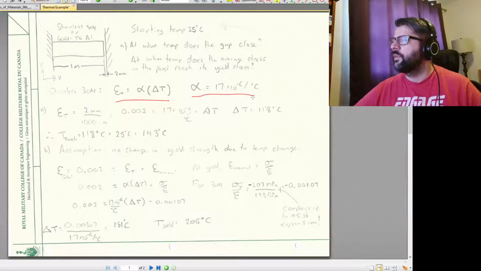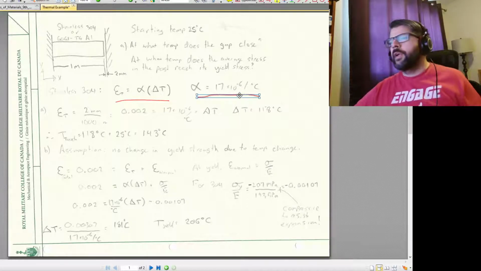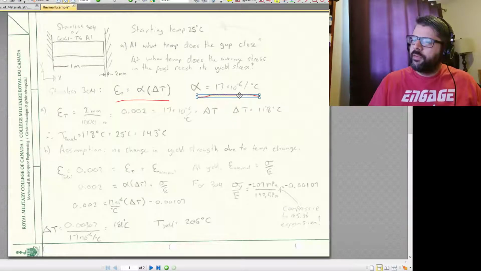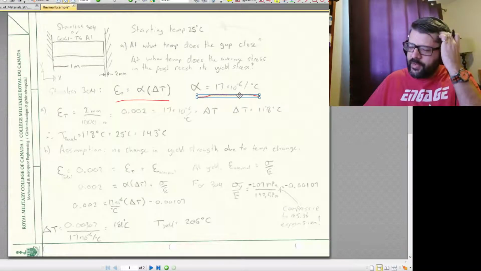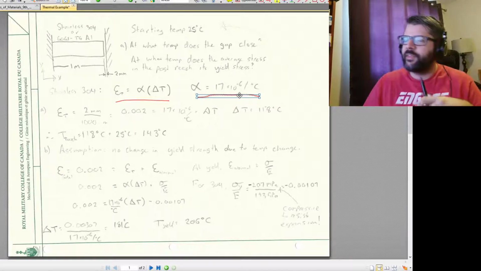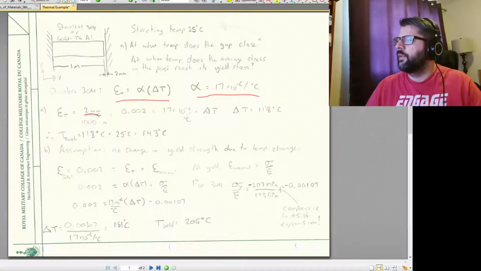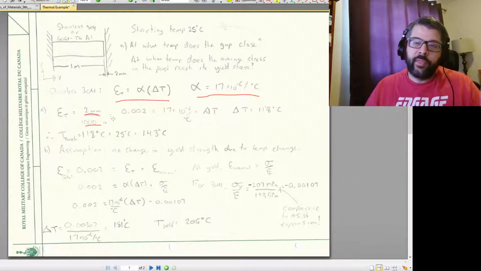For the particular alloy of stainless steel, the coefficient of thermal expansion is 17 microstrains per degree centigrade. Anyway, so we know that when we want to close this gap, the elongation is going to be 2 millimeters, and the original length is 1 meter, so 1,000 millimeters.